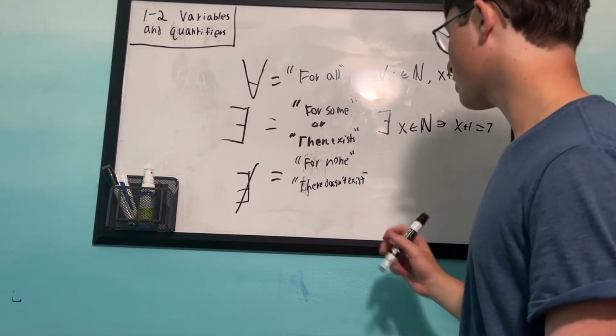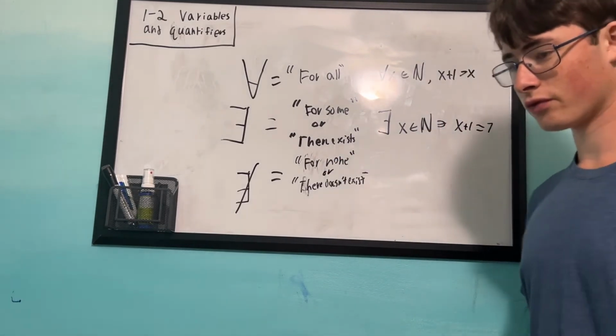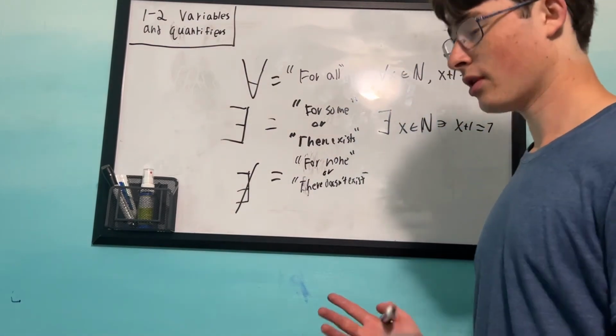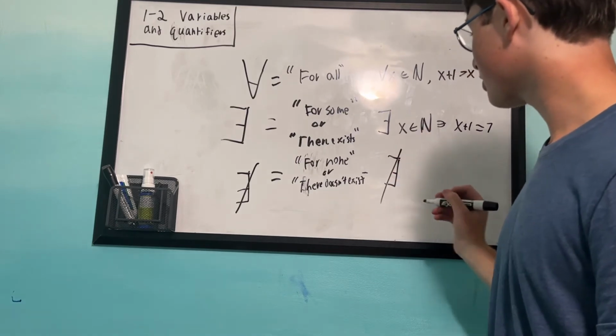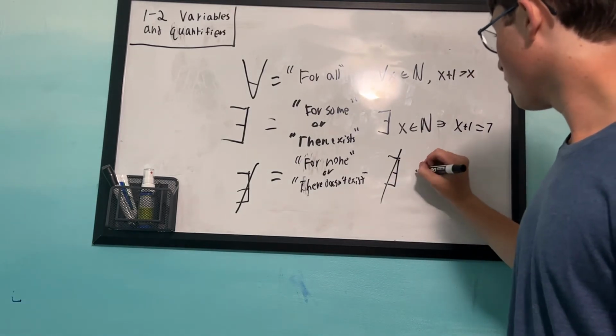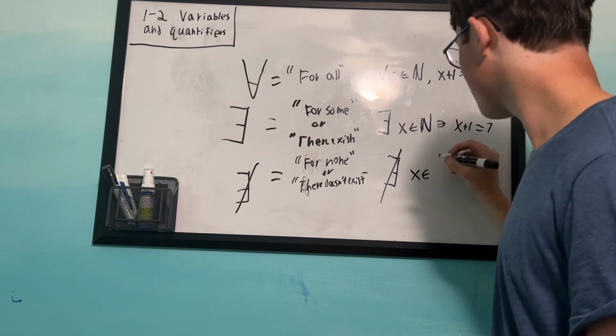This would be used where you're working with a statement that's demonstrably false in all circumstances. Let's keep going with the natural numbers.